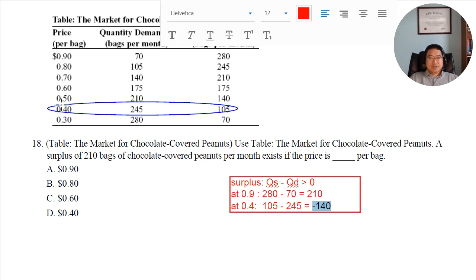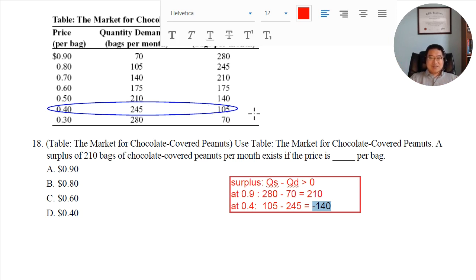price level. So if the market price for chocolate covered peanuts is only 40 cents, people buy them, they fly off the shelves, and you put more in and it keeps flying off the shelf until, right, you put in 140 bags, the market can clear.